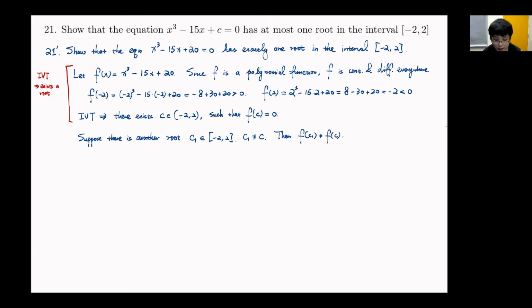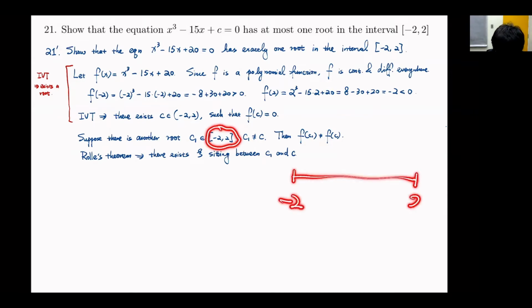Moreover, since the function is continuous and differentiable everywhere, we can apply Rolle's theorem. Rolle's theorem will tell me that there exists some c sitting between c1 and c. In particular, because both c1 and c are inside the interval minus 2 and 2, basically the graph looks like minus 2 and 2, and c1 is inside and c is inside somewhere.